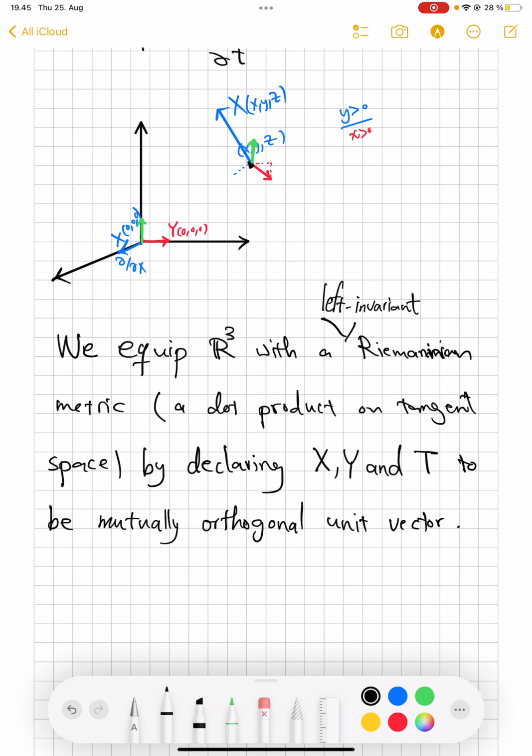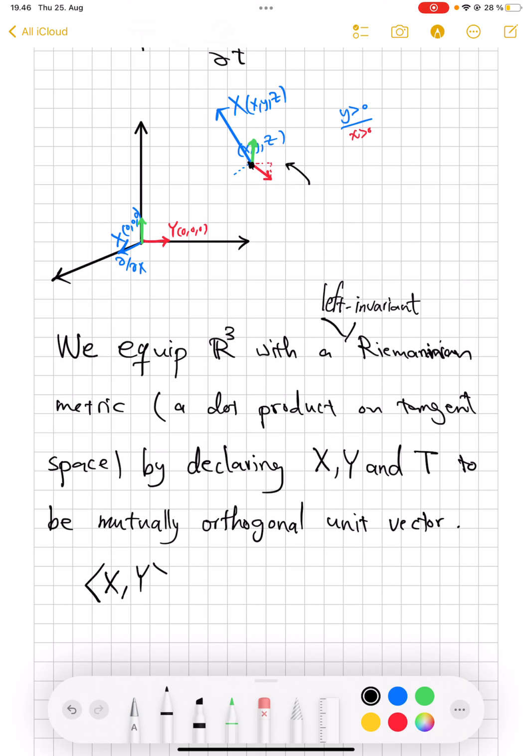So in this tangent space, at this base point, again, x, y, and t all have length equal to 1. Even this very long blue one is, by our construction, a unit vector, and all of these are mutually orthogonal.